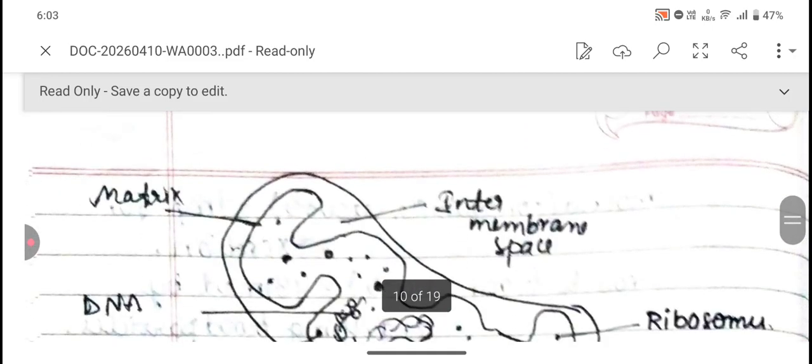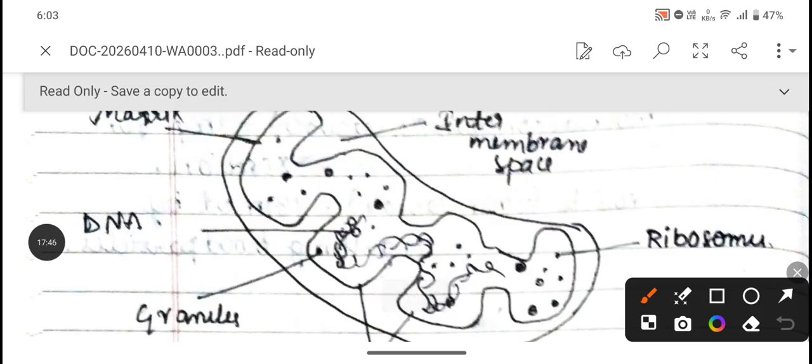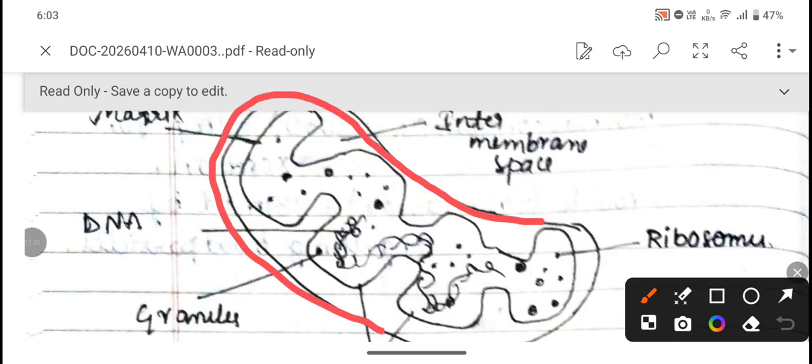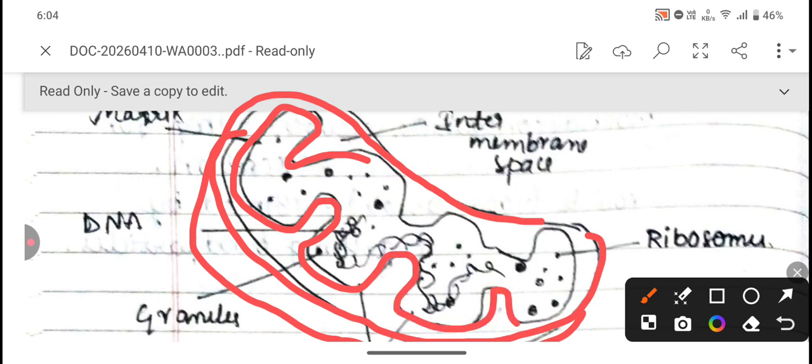When you see the structure, you can observe this is the outer membrane which is smooth without any foldings. The inner membrane infolds to increase the surface area, and these infoldings are known as cristae.